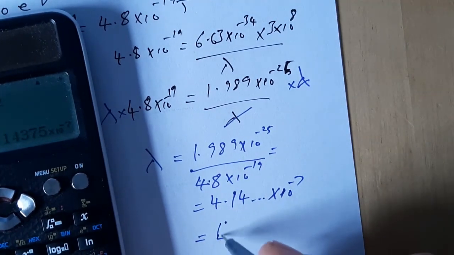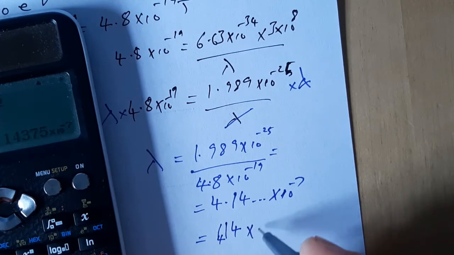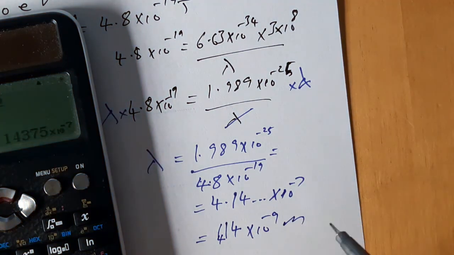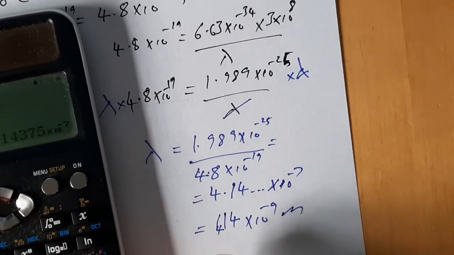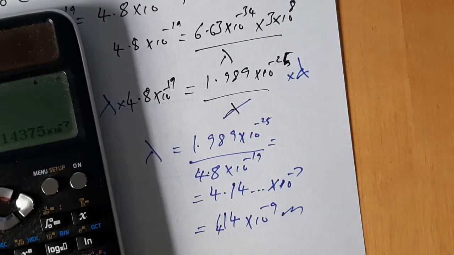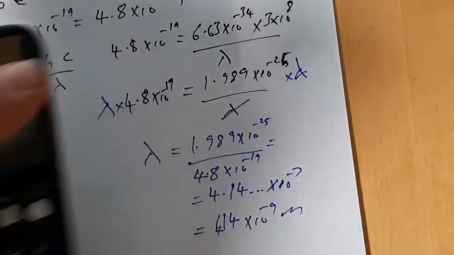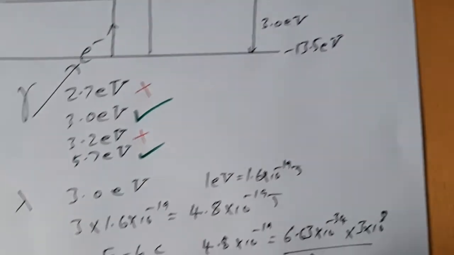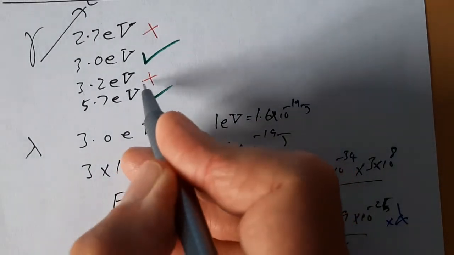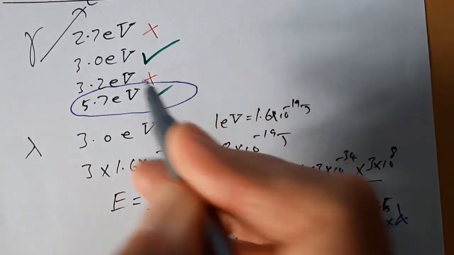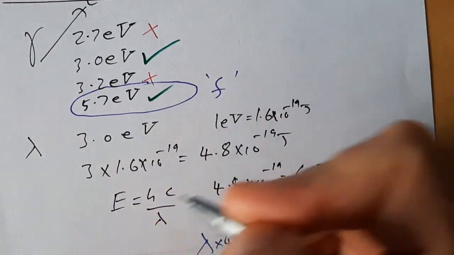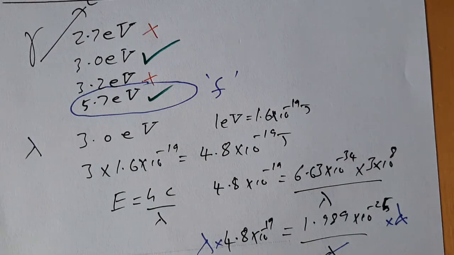So 414 times 10 to the minus 9 meters is 414 nanometers, and I now know that's just in the visible part of the spectrum. So when you do the other photon, I think we'll find that you're out in the ultraviolet. So what I'd like you to do is to now find the frequency of that photon.